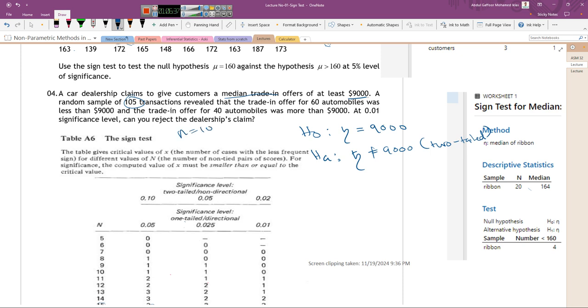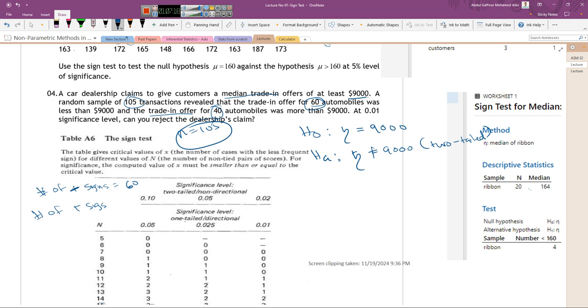So n is equal to 105. They took 105 cars, but only 60 automobiles were less than the specified value. So the number of negative signs is equal to 60, and for the number of positive signs, the trade-in offer for 40 automobiles was more than $9,000, so it is above that.